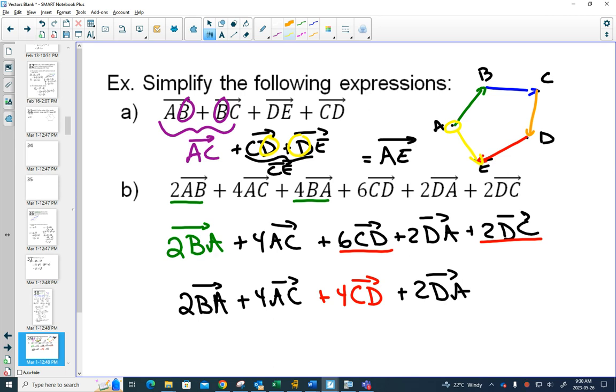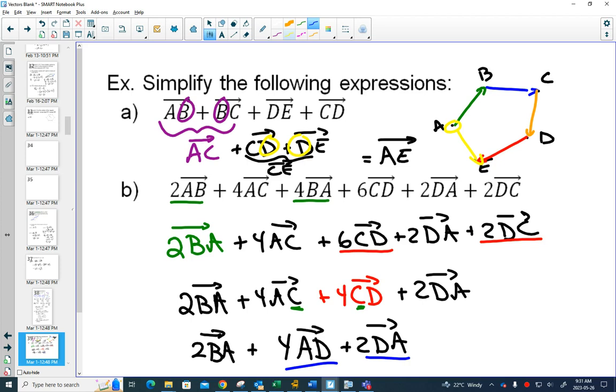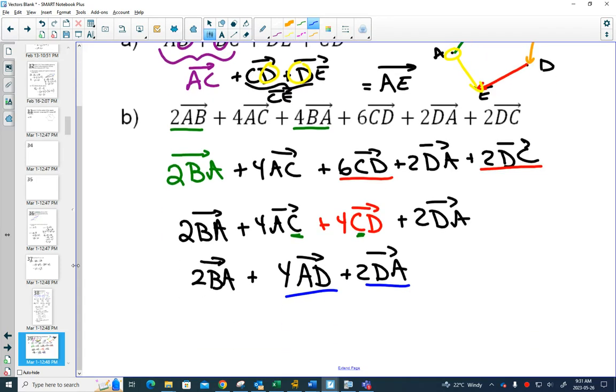Which ones? DA, DA, DA. 2 BA. Oh, no, no. These ones though, do you see that these ones have the same number? So I could put those together, so now I've got 2 BAs plus 4 of these plus 4 of these. So it's also important that the numbers in front match up. Oh, and now these are the same in different directions.